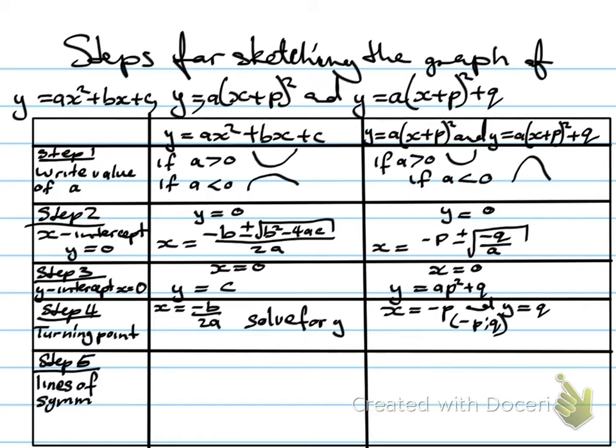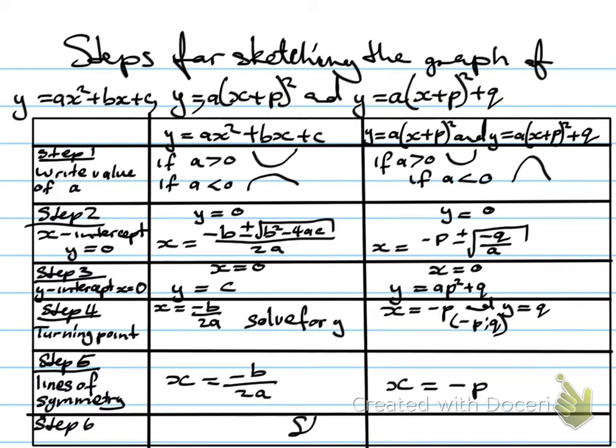Remember, the roots are equidistant from the line of symmetry, which means they are of equal distance from the line of symmetry, or we can say the line of symmetry is the midpoint between the two roots. Our line of symmetry is usually the x coordinate of the turning point. It's always like that.